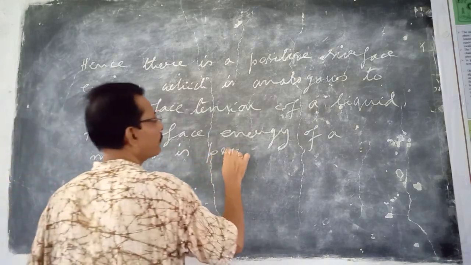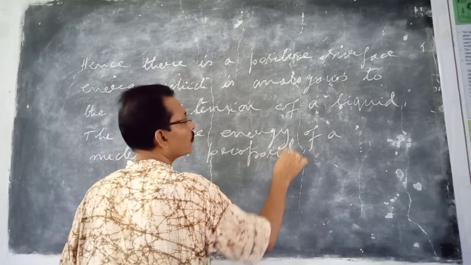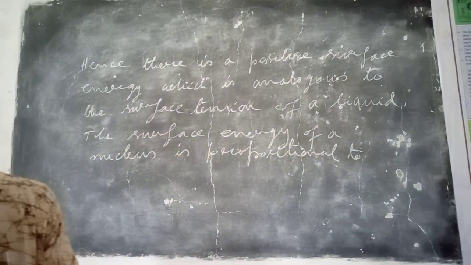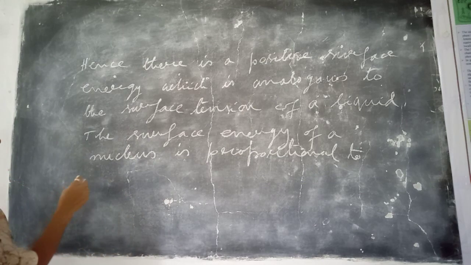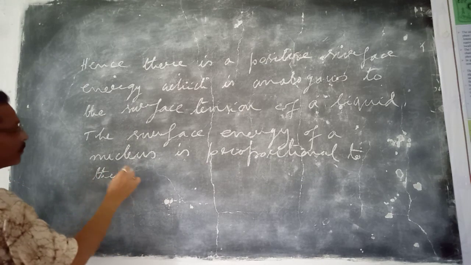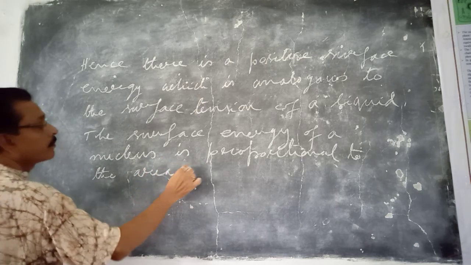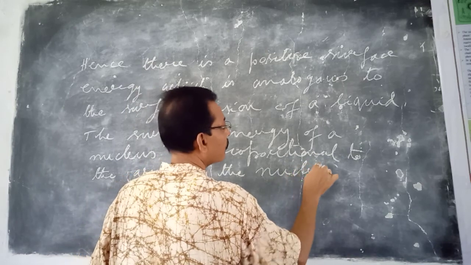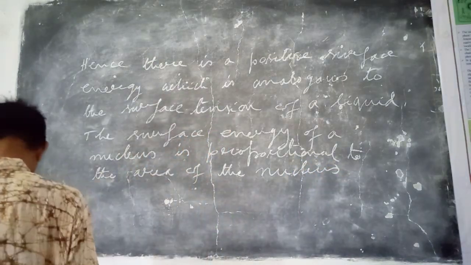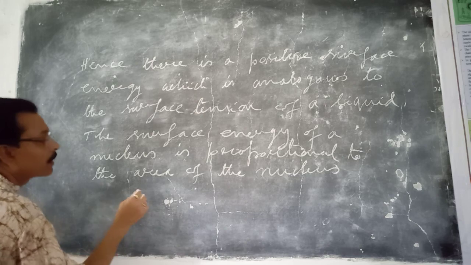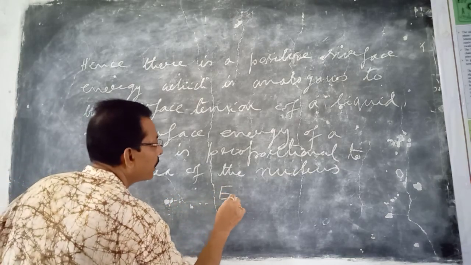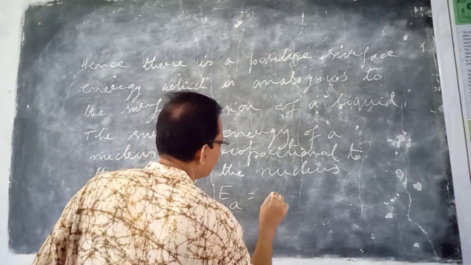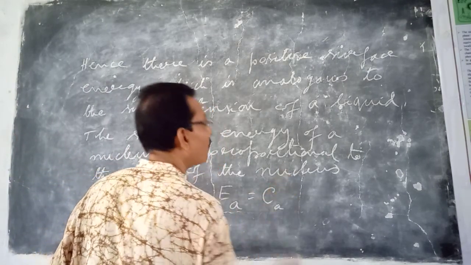That is, we can write E_S, the surface energy term, is C_S times the area.